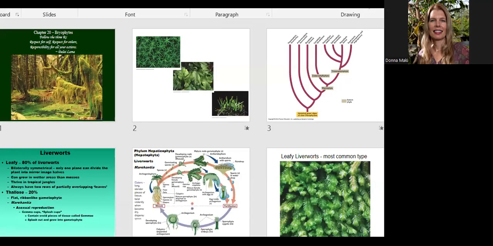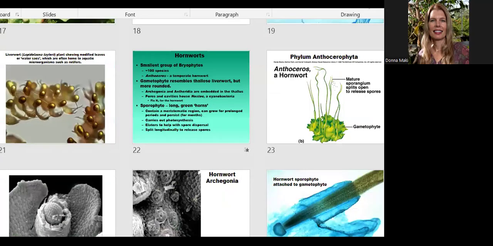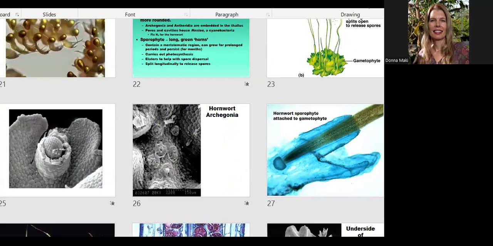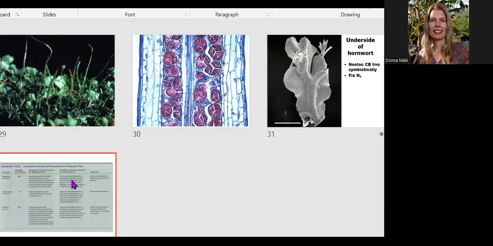So the next slide set is looking at the liverworts and the hornworts. On this slide set, if you go to the very last slide, you have the table.